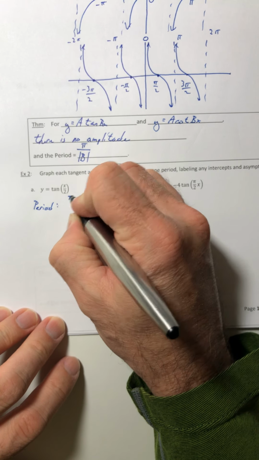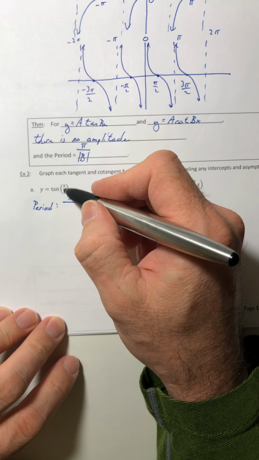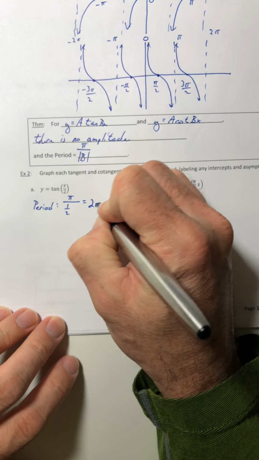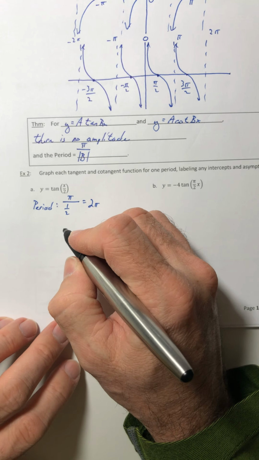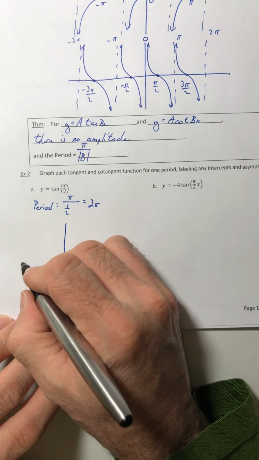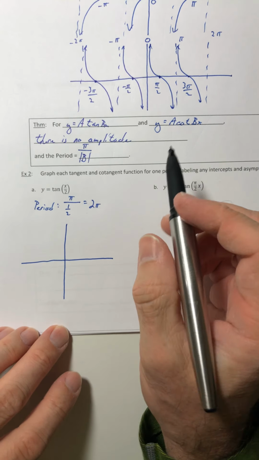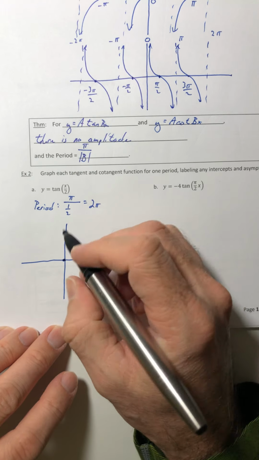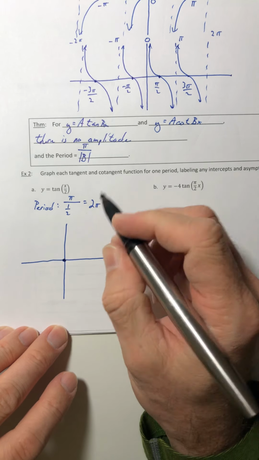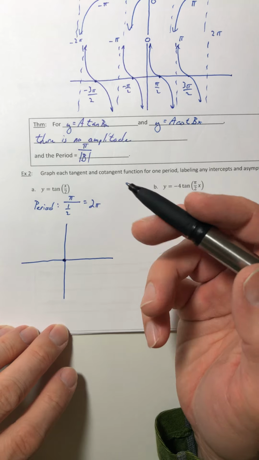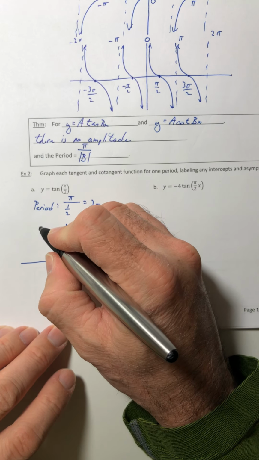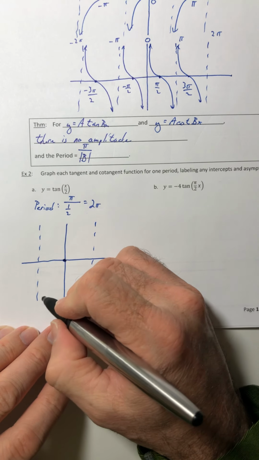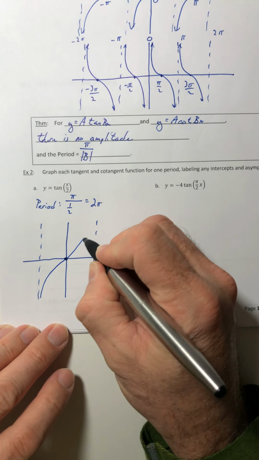So no amplitude, but the period: we have pi over the coefficient going with x, which is 1/2. So the period is 2 pi. Tangent is kind of interesting because we like to use that intercept at 0. We can anchor things down on 0 for curves. That's kind of nice. But then there's an asymptote on either side. So we know the curve is going to do that.